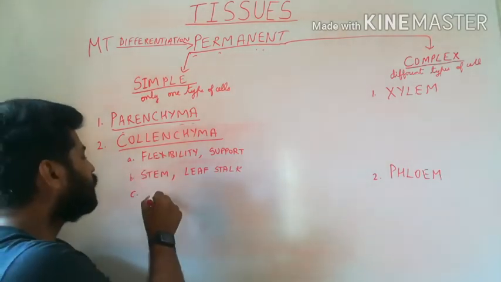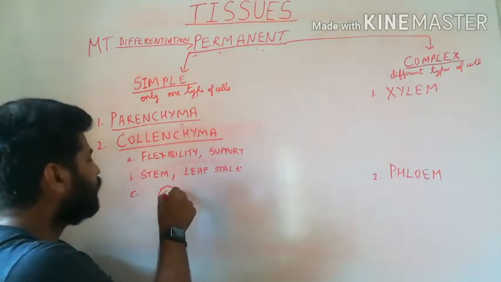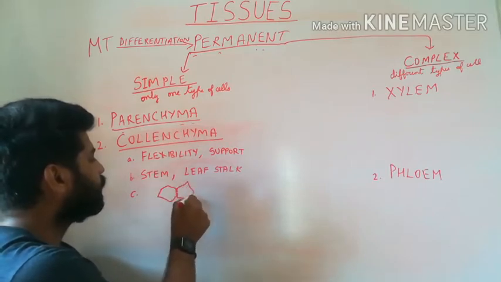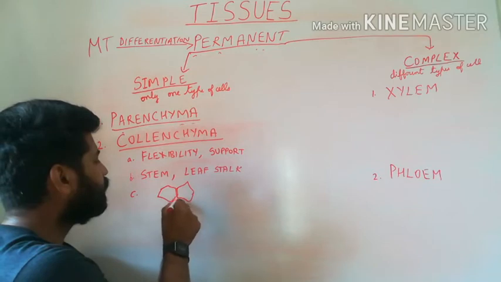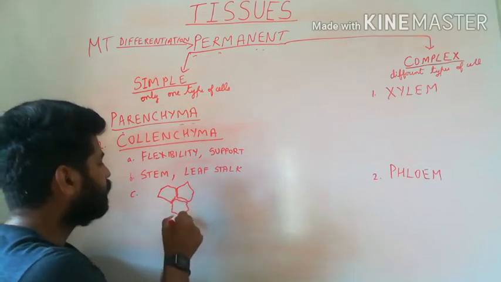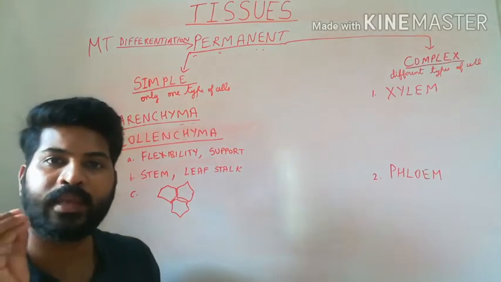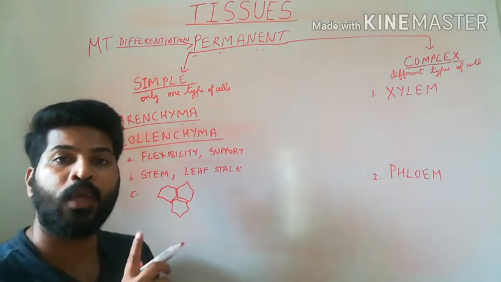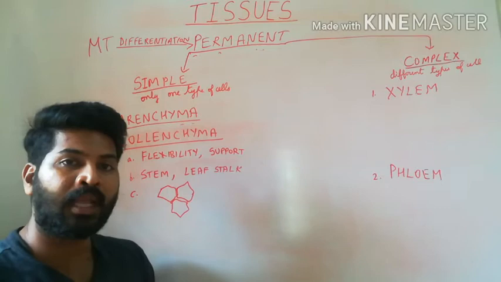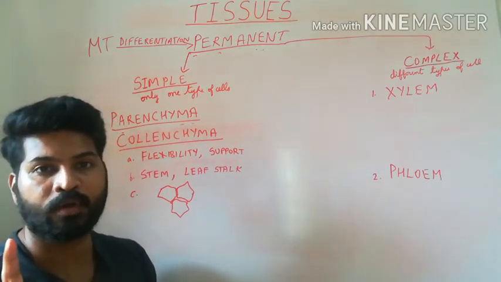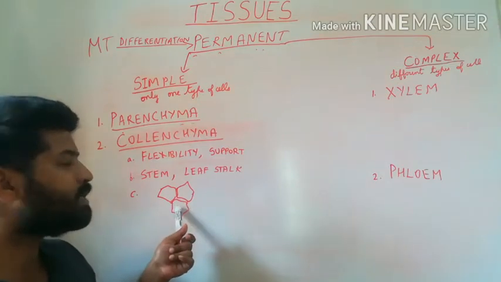tissue, the cells are usually hexagonal in shape, and the spaces between the cells is very less when compared to parenchyma tissue. In parenchyma tissue, intercellular spaces are more, whereas here the intercellular spaces are less.